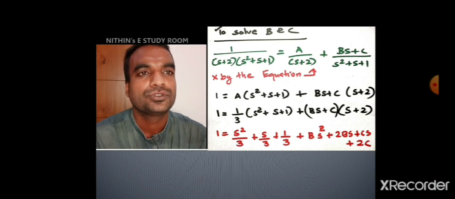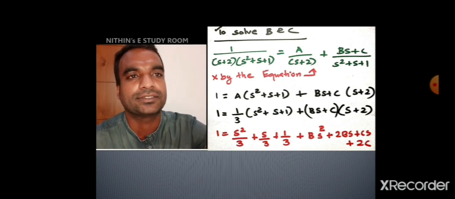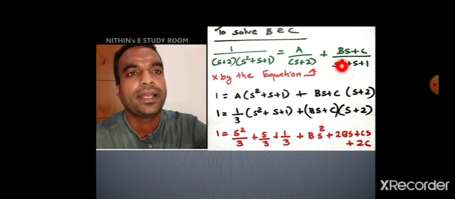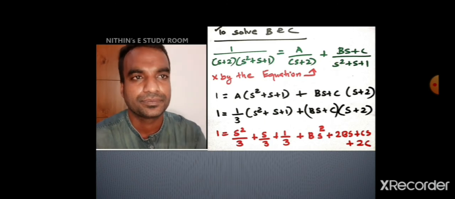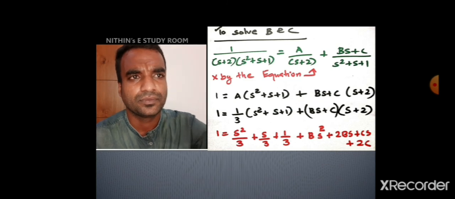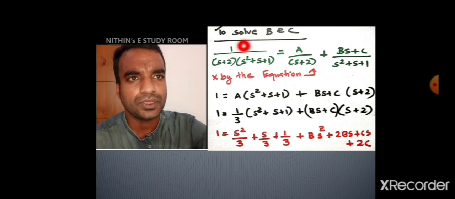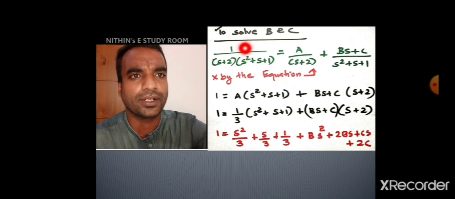So you have to write the total RHS and LHS of the partial fraction equation and cross multiply the equation. Denominator is the same on both sides. So if you are cross multiplying, on this side you will get only 1.